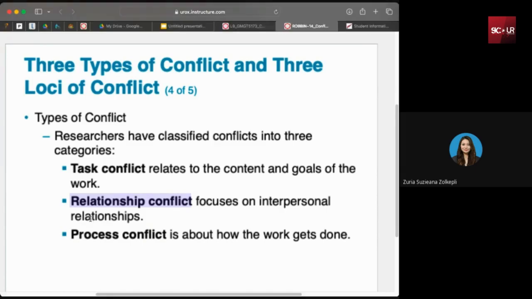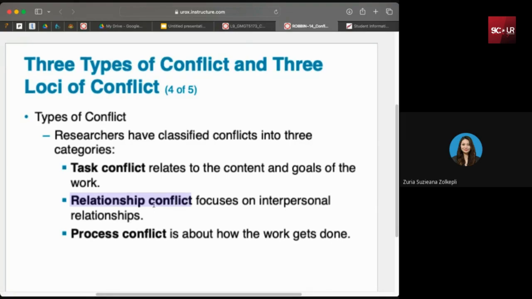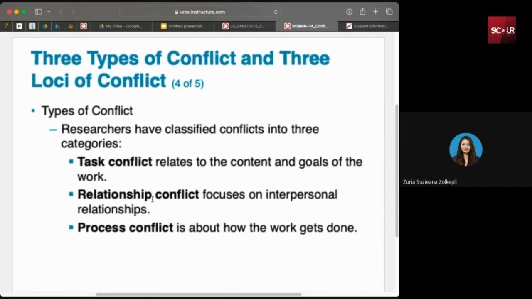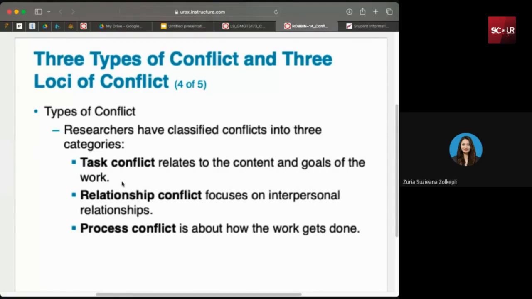So this is where feelings, emotions, respect, okay, all those kind of things happen when you don't have respect for each other, and then the way that you talk, the way that you approach, ataupun okay, senang cerita, this one involves the way that you treat people lah, okay, interpersonal relationship, the way that you treat ataupun interact with other people.